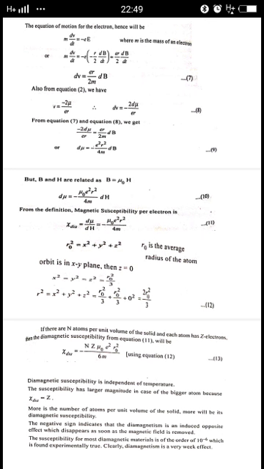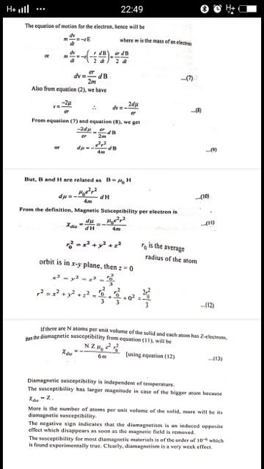After simplification we find that the susceptibility has the expression equal to minus n z mu naught e square r naught square upon 6m. So a negative sign appears in equation 13.